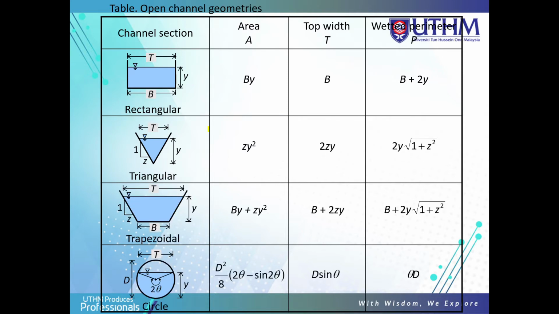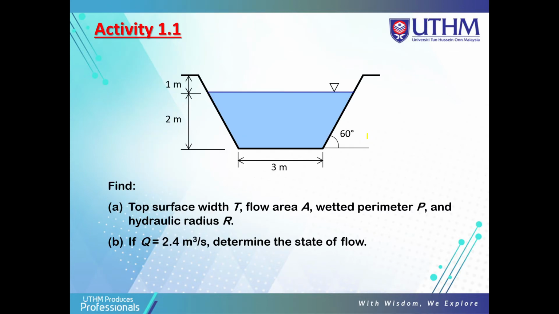The list of formulas in this table is given in your test 1, test 2, and the final. So you use these formulas to get the area, top width, and the wetted perimeter. Look at activity 1. This is using the trapezoidal channel.